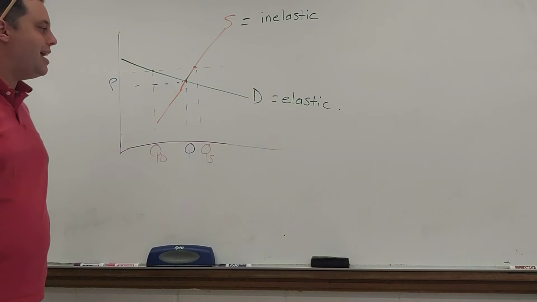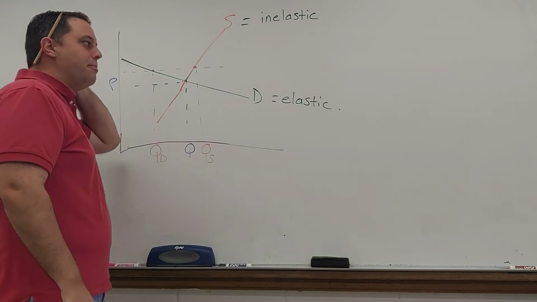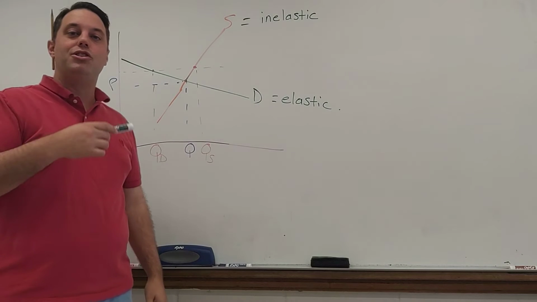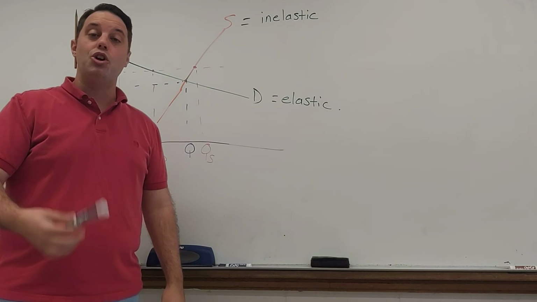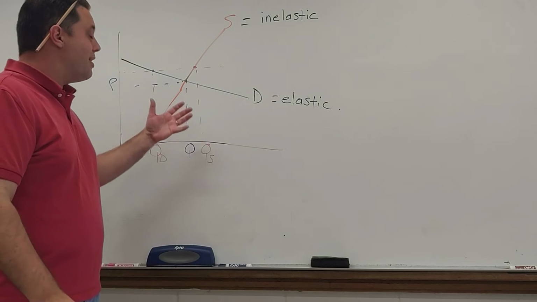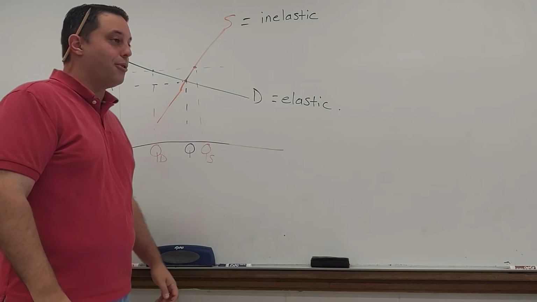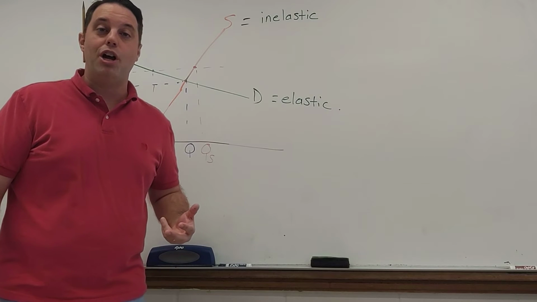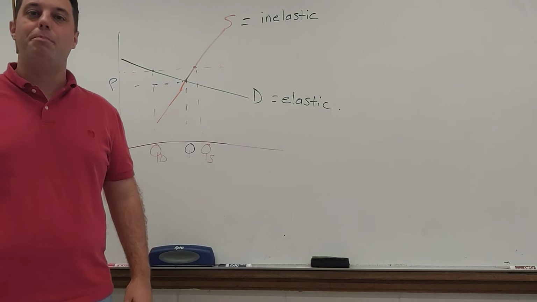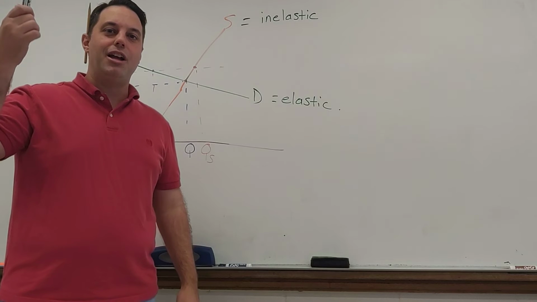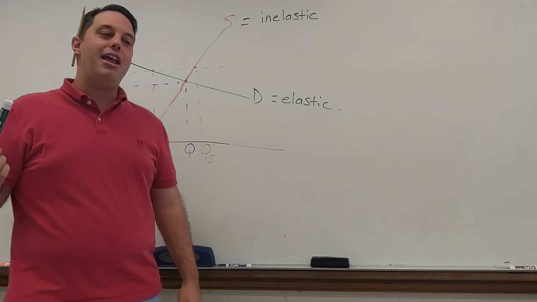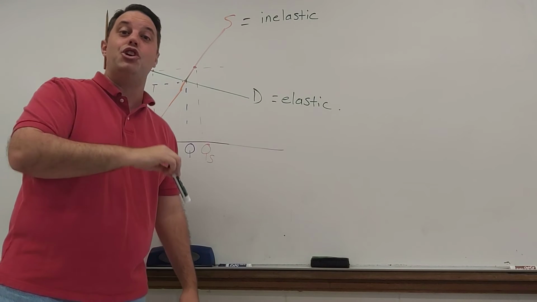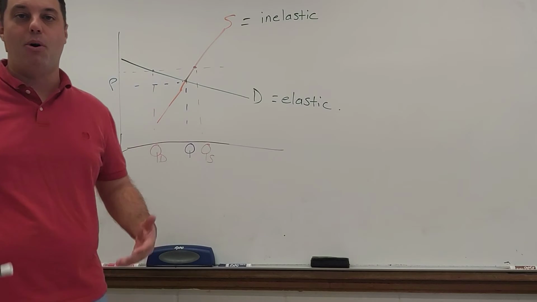Now, if we're talking demand here and we say, all right, elastic demand, what does that mean? That means that the good must be a luxury good. Whenever we've got elastic demand for an item, it must be a luxury, meaning if the price of that item goes up, we're really not going to buy it. Whatever the price of the item increases by, you'd have a greater percentage decrease in the quantity bought.